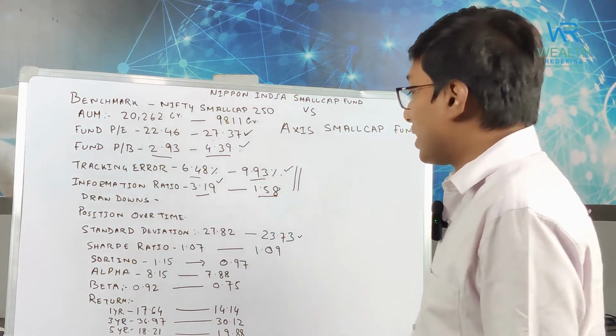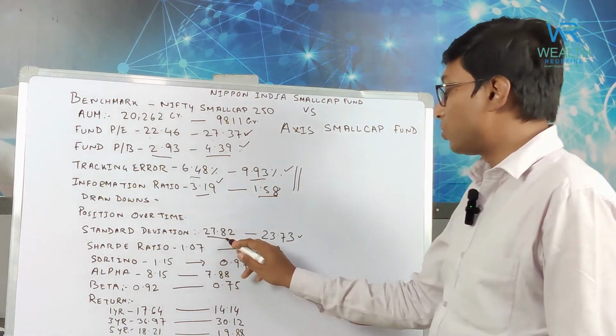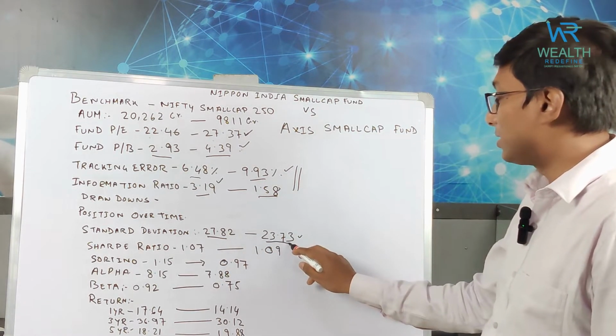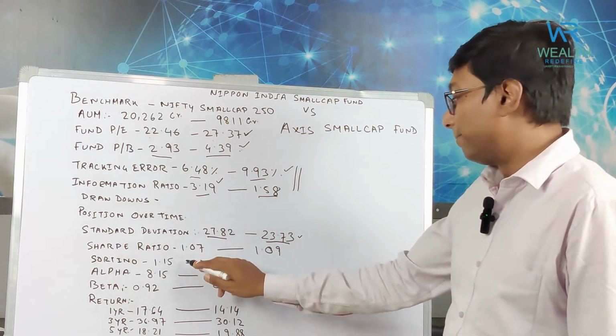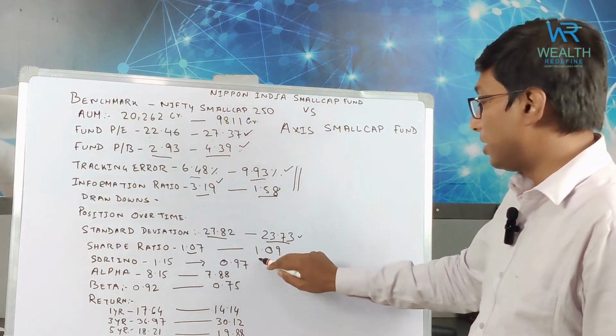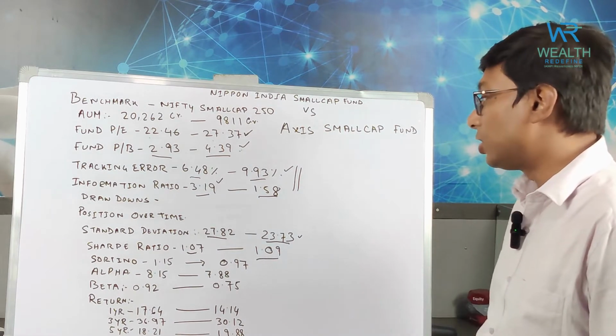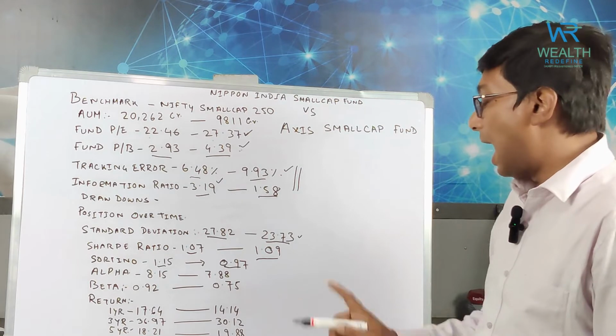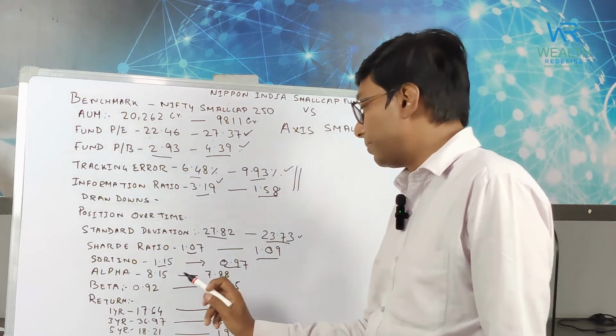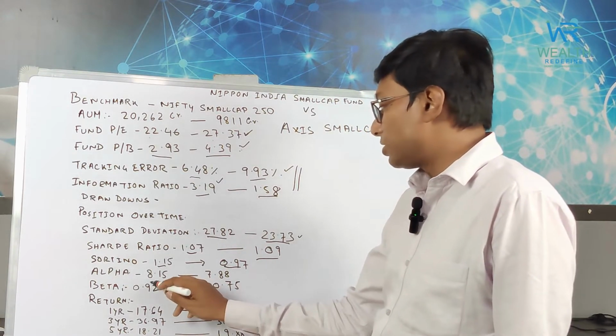Now come to the standard deviation. Here the standard deviation is 27.82, and here it is 23.73. Sharpe ratio, this is 1.07, and in Axis it is 1.09. Sortino is 1.15 here, and here it is 0.97. Alpha, which is a very important parameter, is 8.15 here.